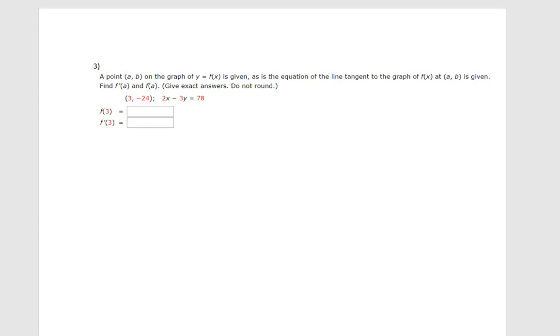So if you have a point (a, b) on a graph, in function notation, we can rewrite that b as f of a. So f of a is the same thing as asking, what's your y coordinate at a point?